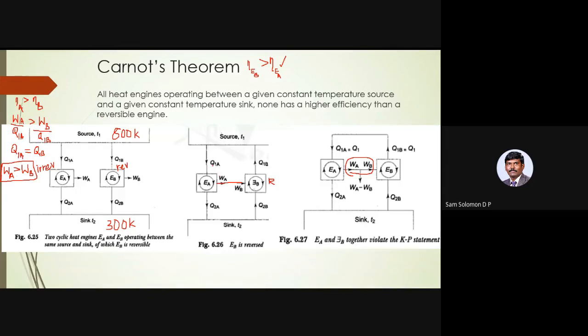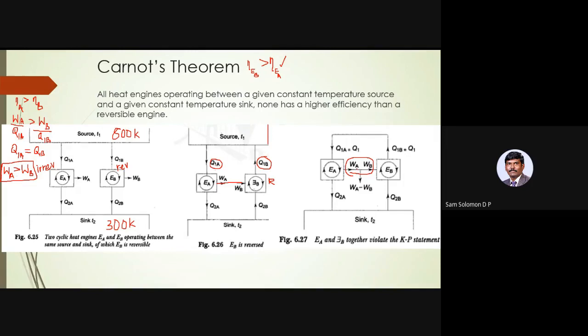Already we have seen this source temperature T1 is common for both EA and reversed EB. So we said Q1A is equal to Q1B because both of them have the same temperature source. We have already seen this.